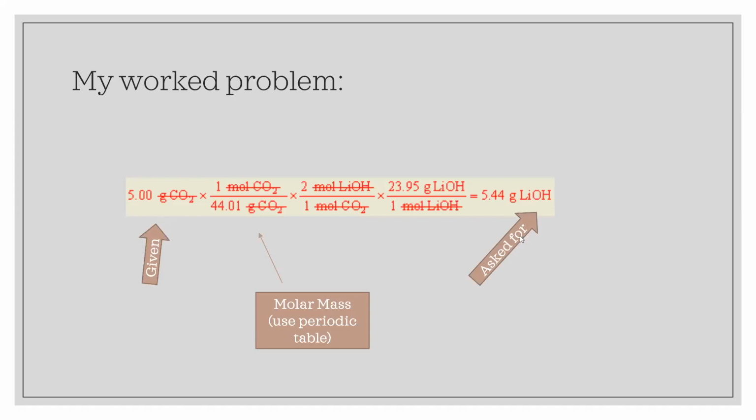That's what we're asked for at the end. And finally, that thing in the middle is that mole conversion step. And it's just 5 times 2 times 23.95 divided by 44.01 in the end. All the ones cancel out.